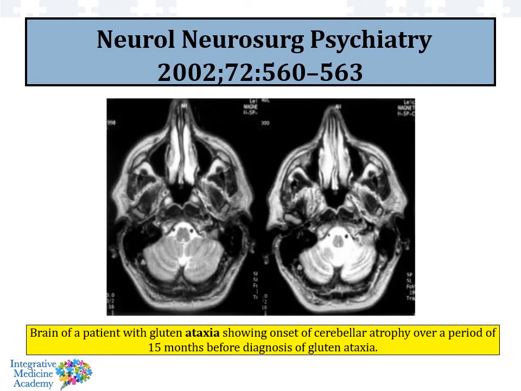Well, they actually found this one case study. This was an individual who developed what was called cerebellar atrophy or gluten ataxia. We can see here over a 15-month period of time, we went from a fairly normal looking cerebellum to one that is now inflamed and problematic.